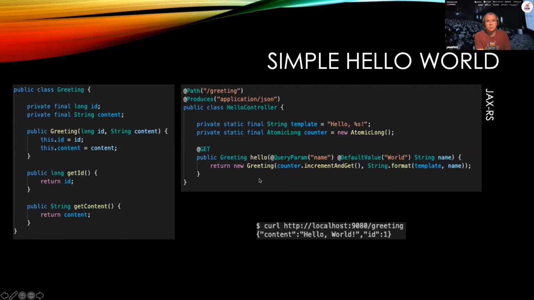So when somebody runs a request to our localhost with /greeting, we're going to return a new greeting that increments our ID counter and sends back a message of hello world. That's our default value, world. If a user specified ?name=Andy, then it would return back hello Andy.